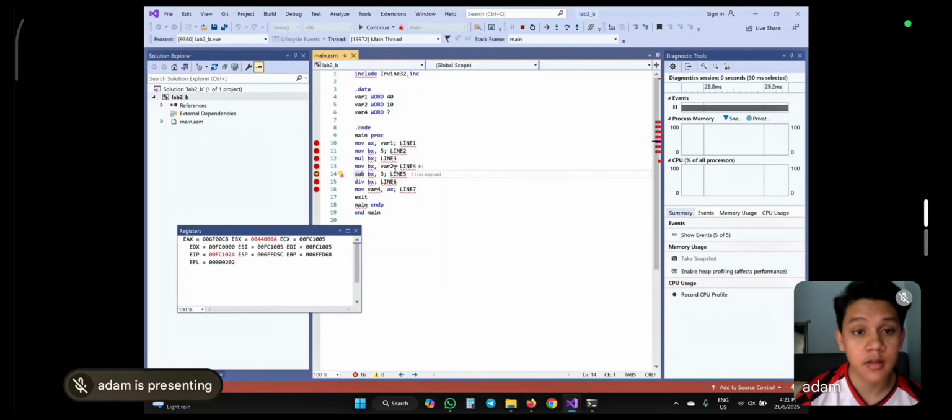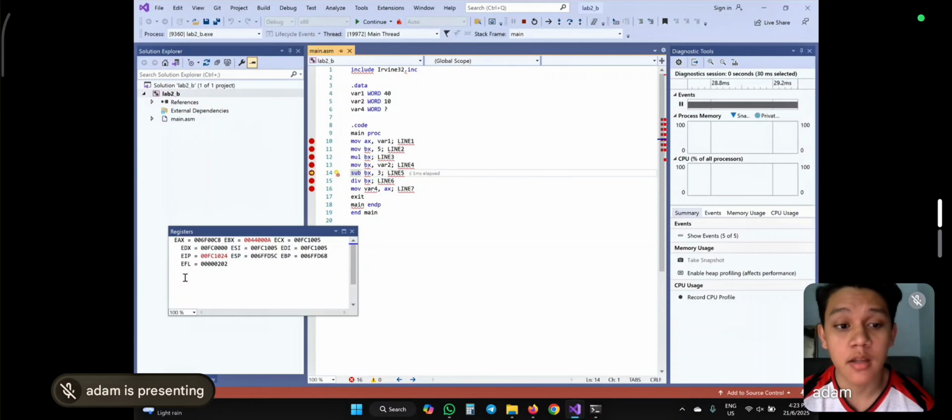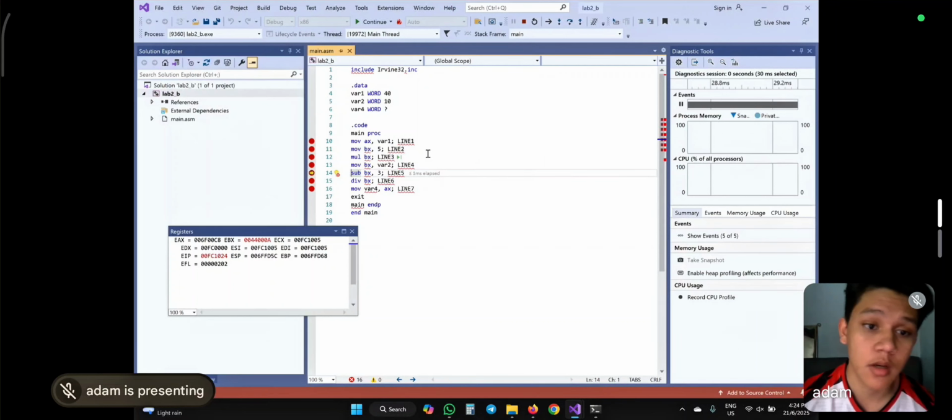The value of var2 is 10 decimal, so when 10 decimal is moved into register BX, it will be 000A in hexadecimal.